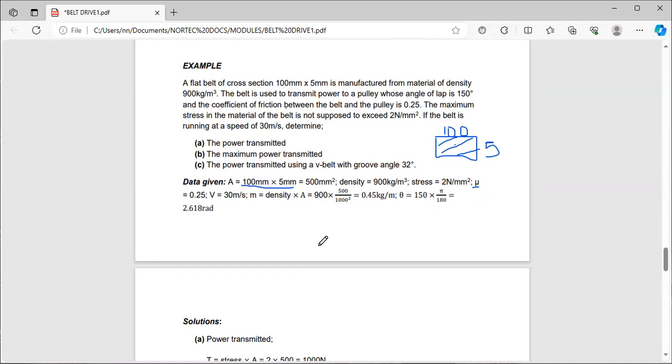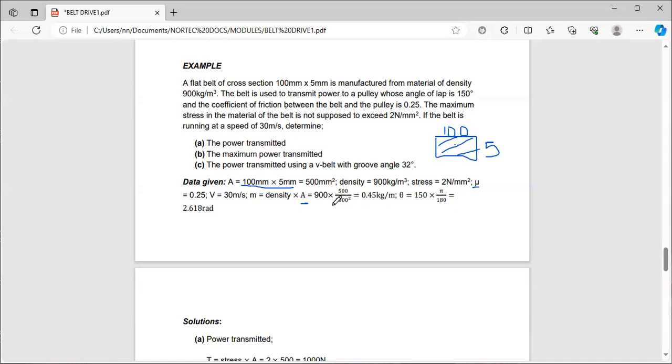Mass of the belt, we're going to multiply the density by the area. Meaning this is not going to be the actual mass, it will be the mass per meter. Because if it was supposed to be the actual one, this should have been volume. But we are multiplying, we're getting the mass per unit length.